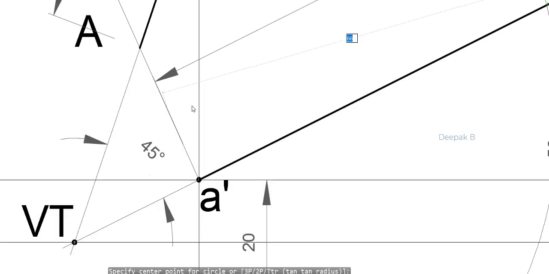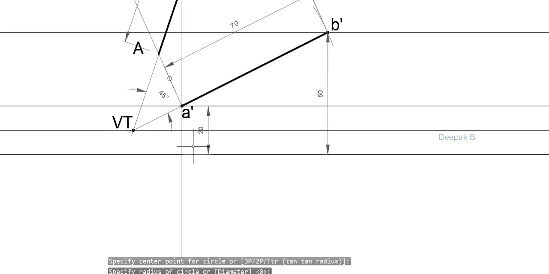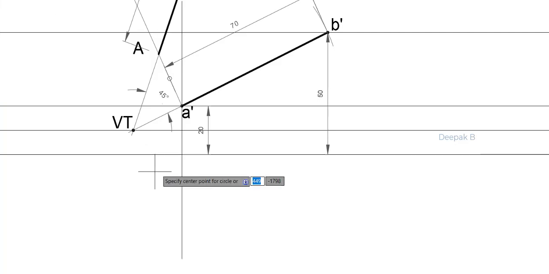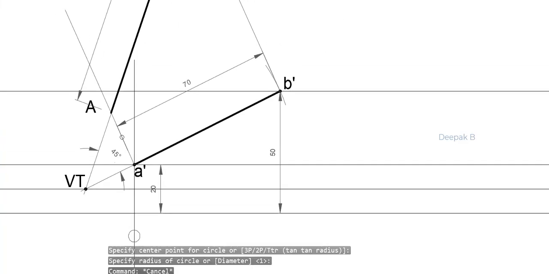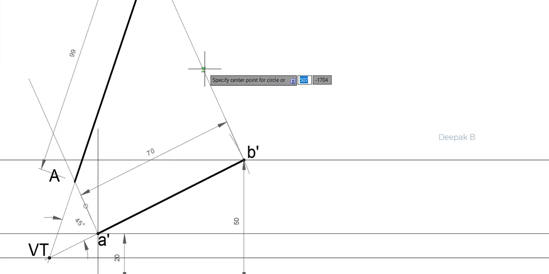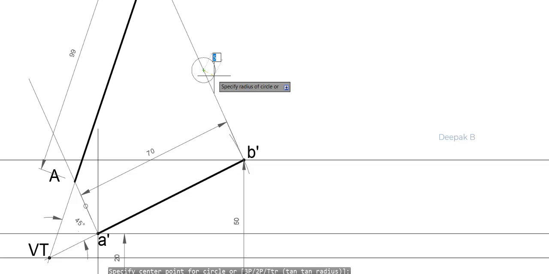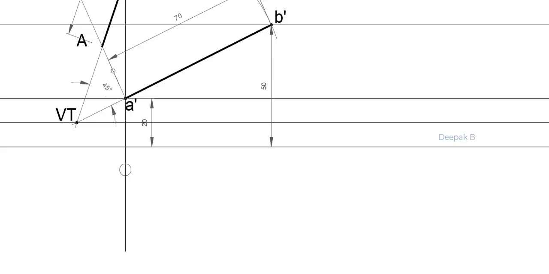All right. So what I'm going to do is I'll measure this distance here and I will transfer it below XY line. Similarly, I will take this distance here and transfer it below XY line.